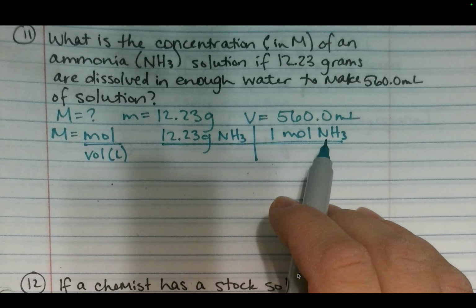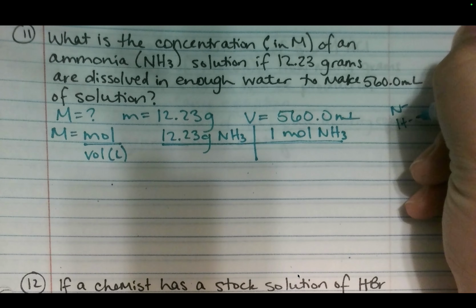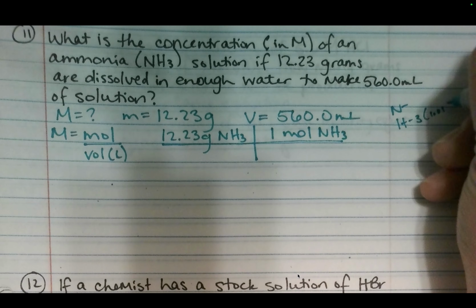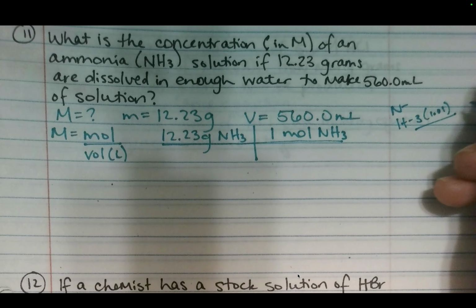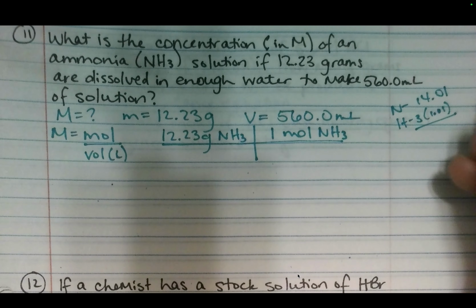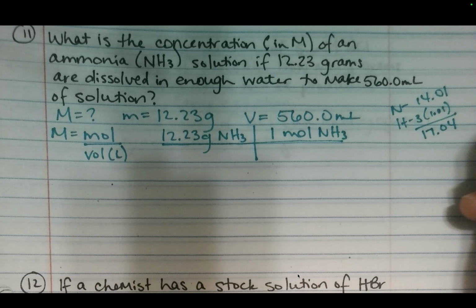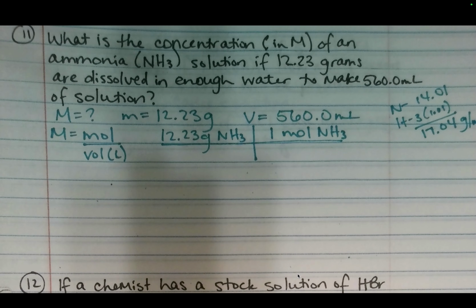So molar mass of NH3, I'll add up as we've done 1,000 times. I have 3 hydrogens. Nitrogen is 14.01. So 17.04 grams per mole. You guys see that?